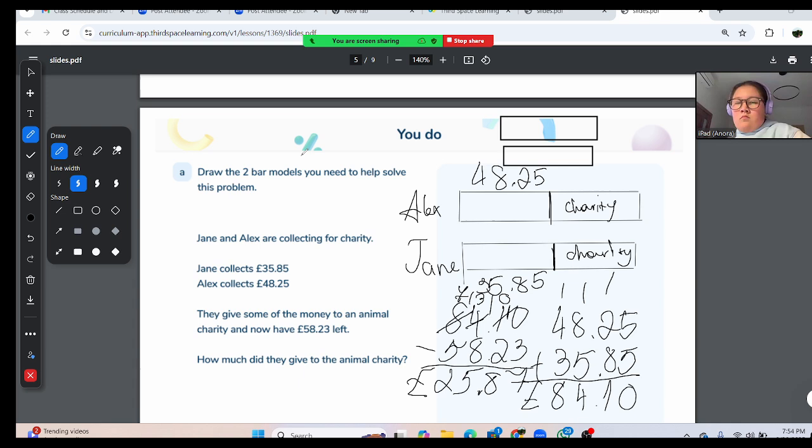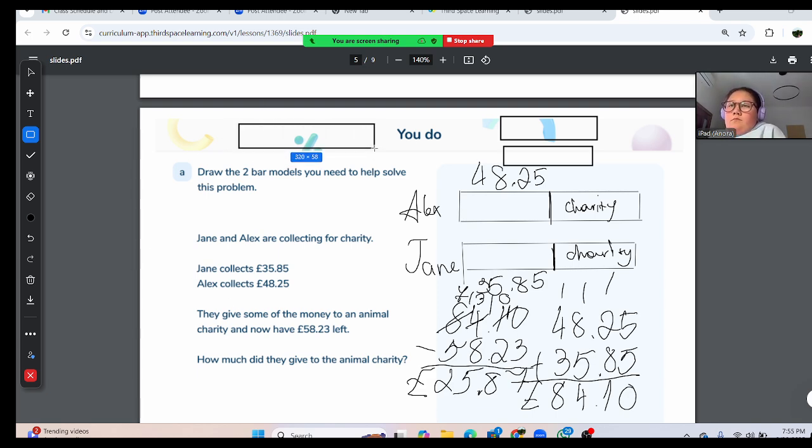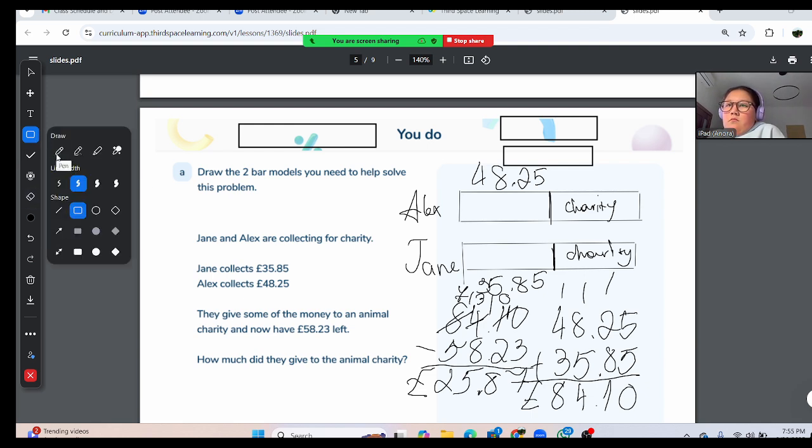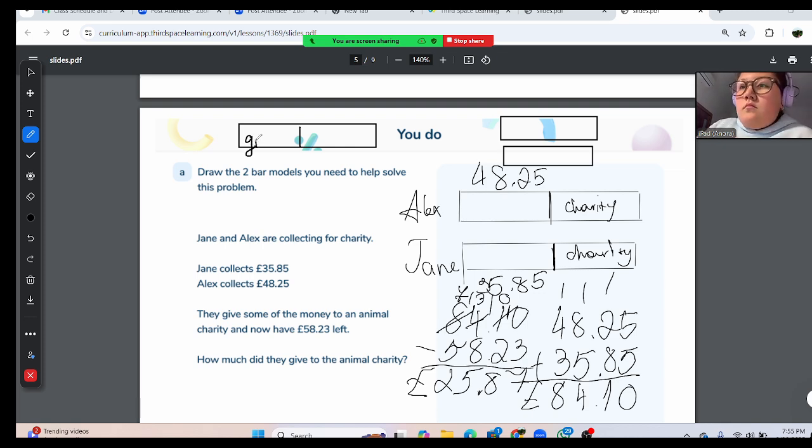So basically, like you made this much and this much. The next bar model would show that, you can just write charity given, and leftover amount.